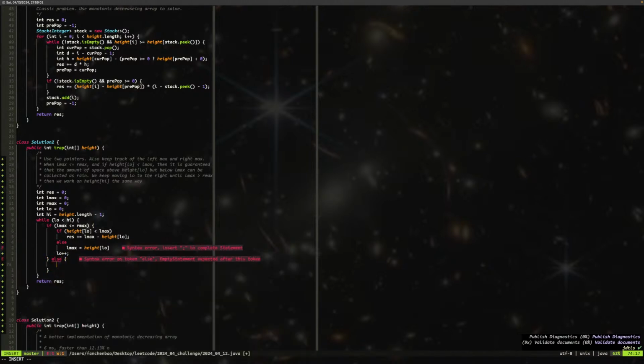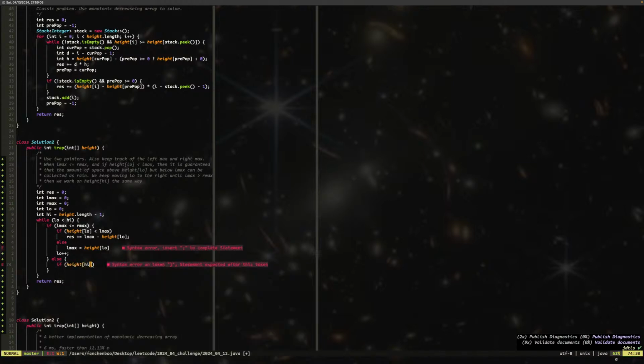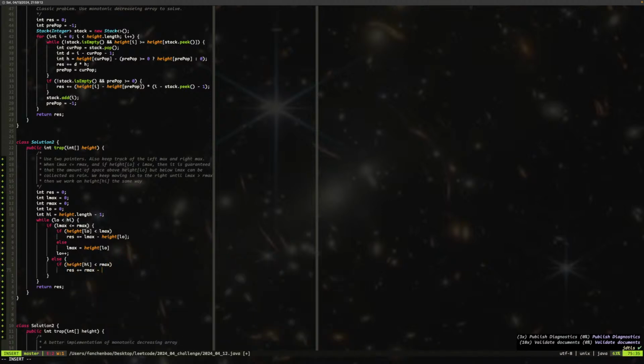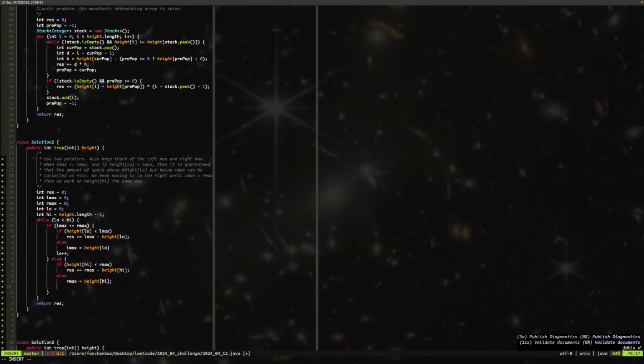Else, if height high is smaller than right max, rest plus equal to right max minus height high, else right max equal to height high, and high minus minus. Keep going and do this.